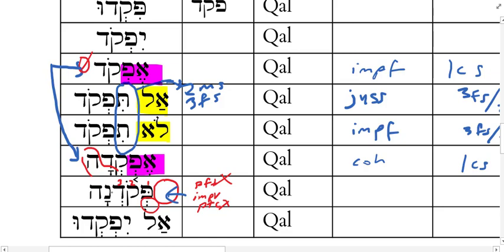Okay, and that's what I have here. I have the vowel pointing for the imperative, and then I just need to say what the ending is. If it's imperative, it's second person, and it's just a matter of which second person it is: masculine singular, masculine plural, or feminine plural. With that nah ending, that's 2fp, second feminine plural. So that's telling a group of women, appoint, visit.